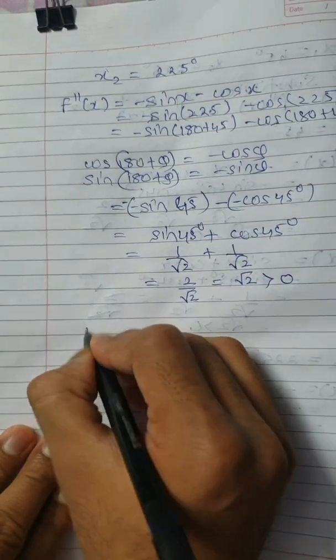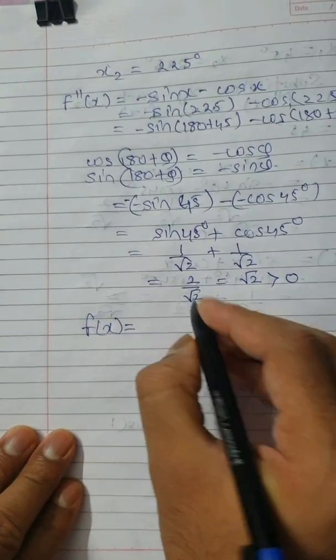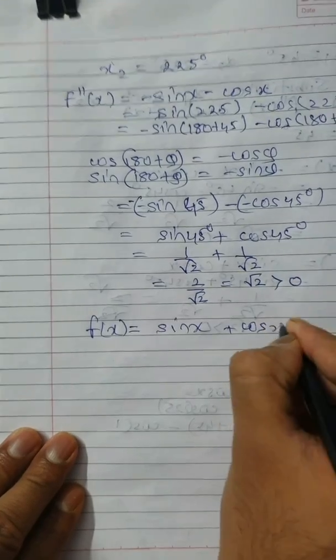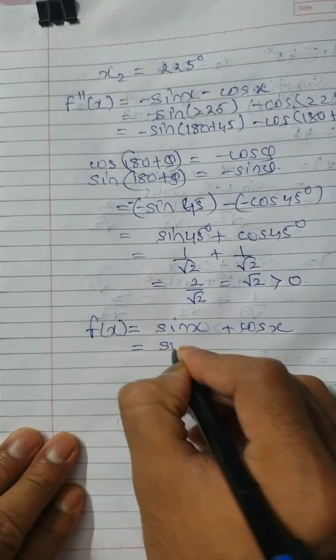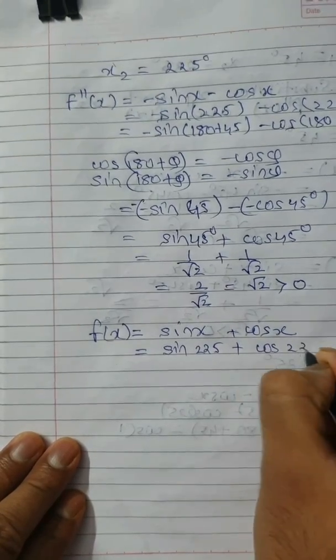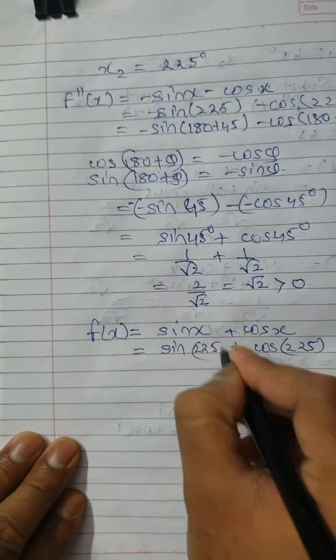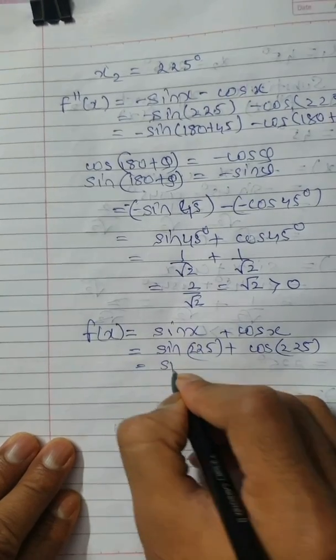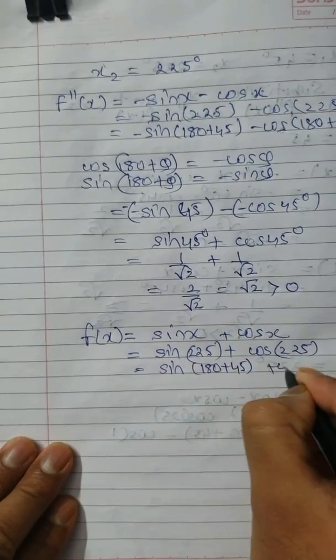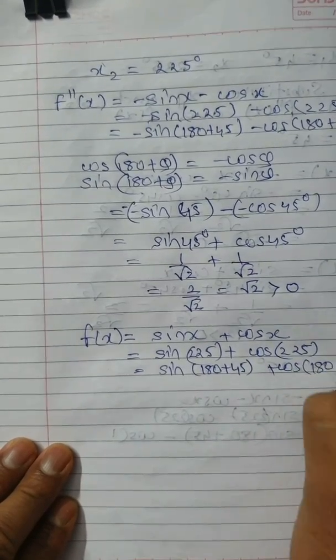Now the last step is remaining, that we have to substitute the same value for our main function, that is sin x plus cos x, that is sine of 225 plus cos of 225. Okay, so sine of 180 plus 45 plus cos of 180 plus 45.